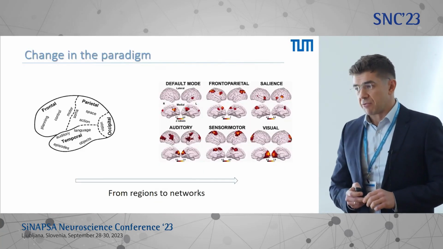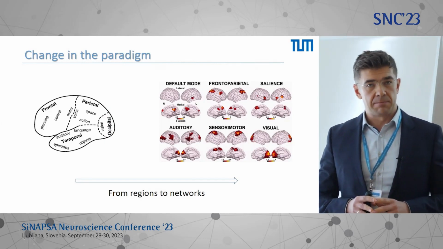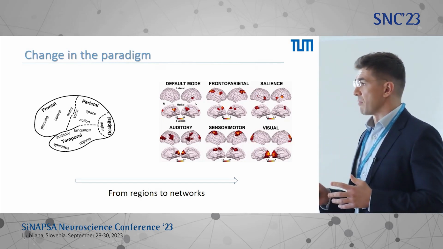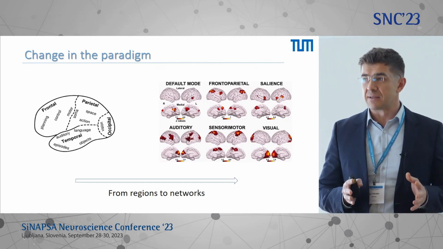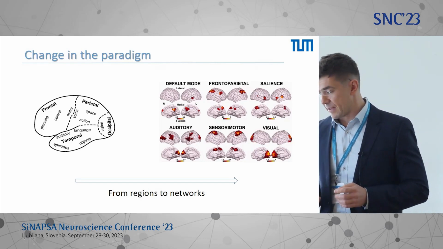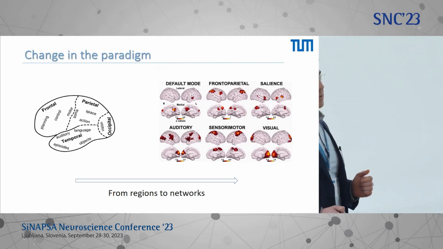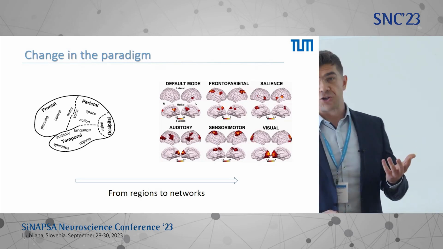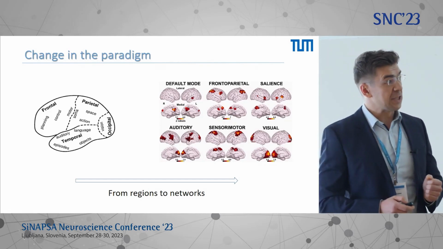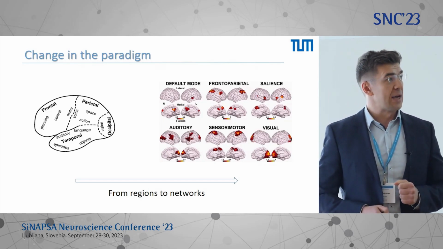In cognitive neuroscience, in the last 20 years, there has been a change in paradigm. The idea that a particular brain function is governed by a single brain region has been replaced by the concept that brain functions rely on a coordinated interaction between several brain regions, often referred to as networks.